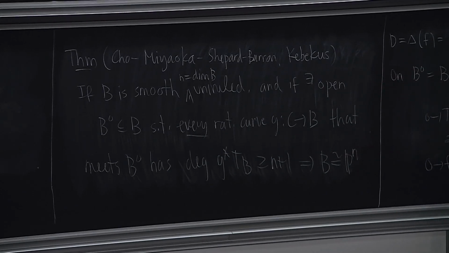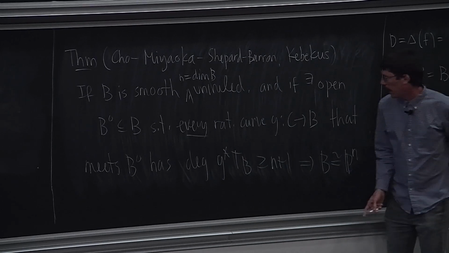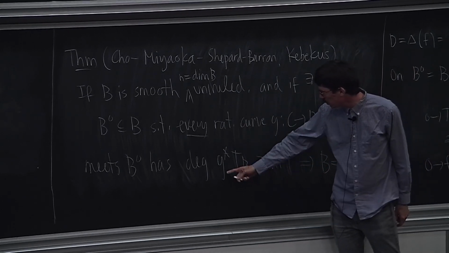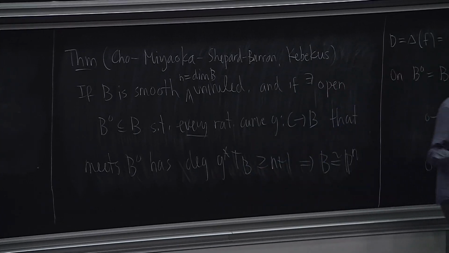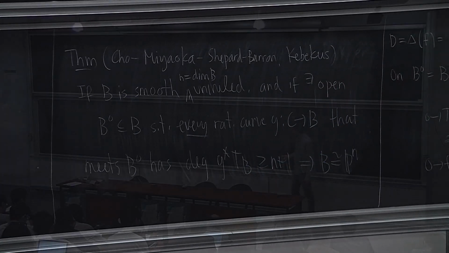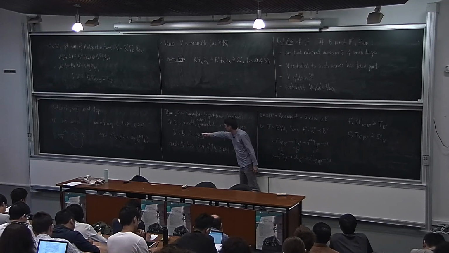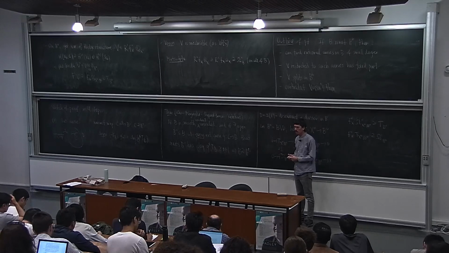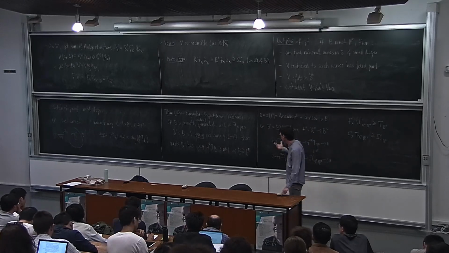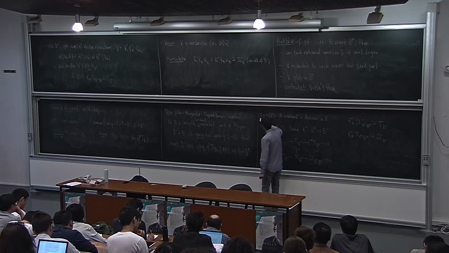That's how you spot Pn. The assumptions from Mori's original paper would be that this is true for every rational curve. Here the big technical advantage is that you only have to look at rational curves through a generic point, which is very well adapted to our situation.